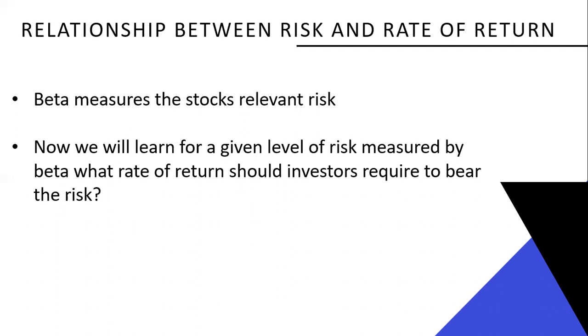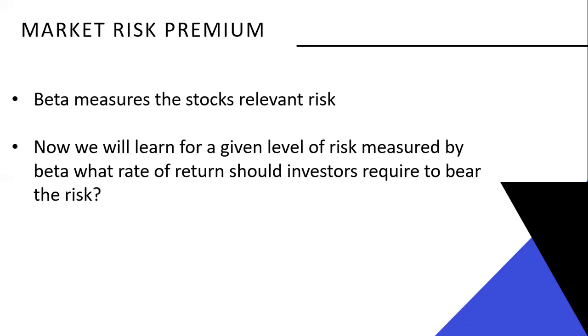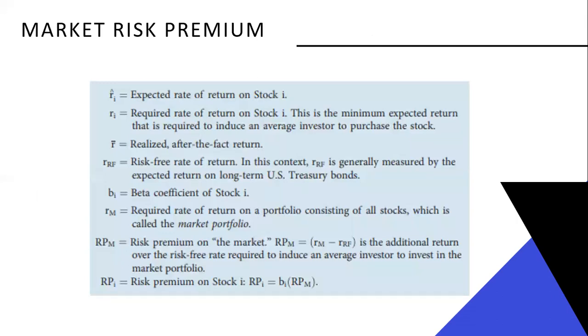So let's say you know the amount of risk that is going to be there, but you want to calculate how much return an investor should request or accept to take that level of risk. Well, how would you calculate that? In order to do this, you will have to calculate the risk premium.